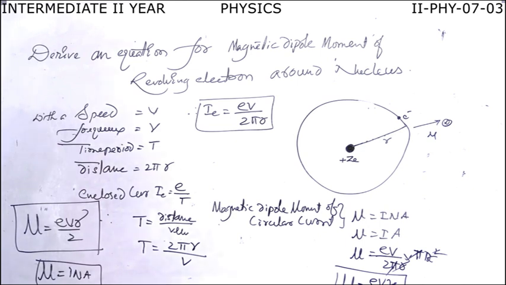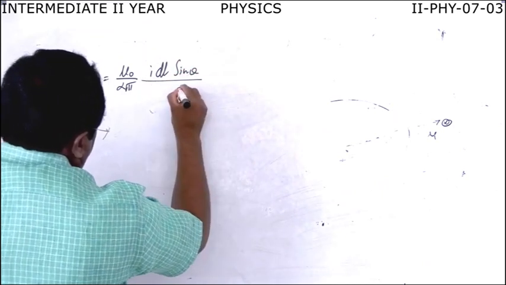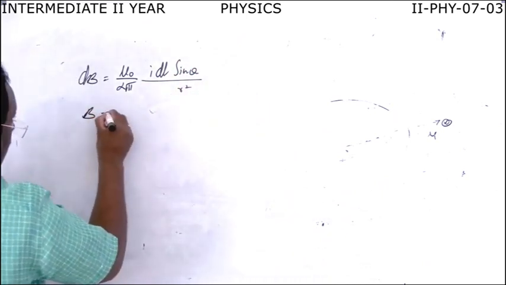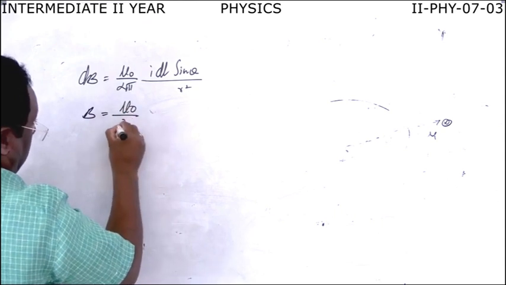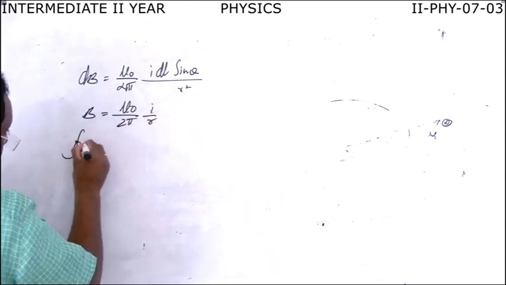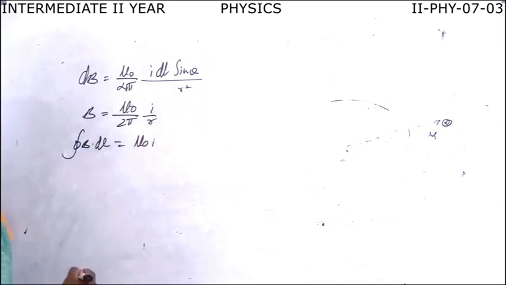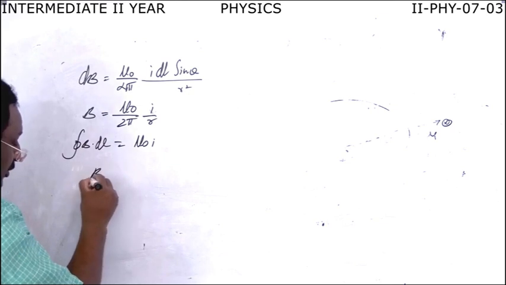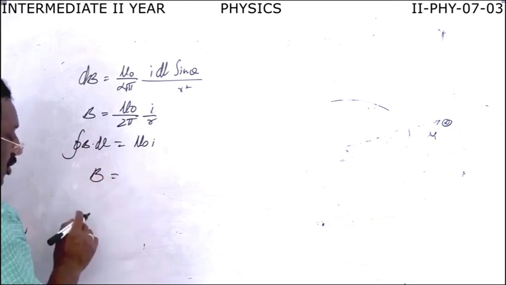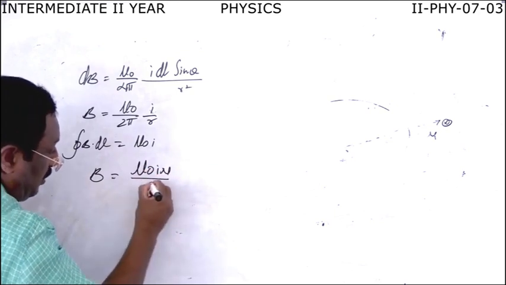Okay. Now, B is equal to mu naught by 2 pi, I by R. And the magnetic field due to the current carrying coil at the center is mu naught IN by 2R.